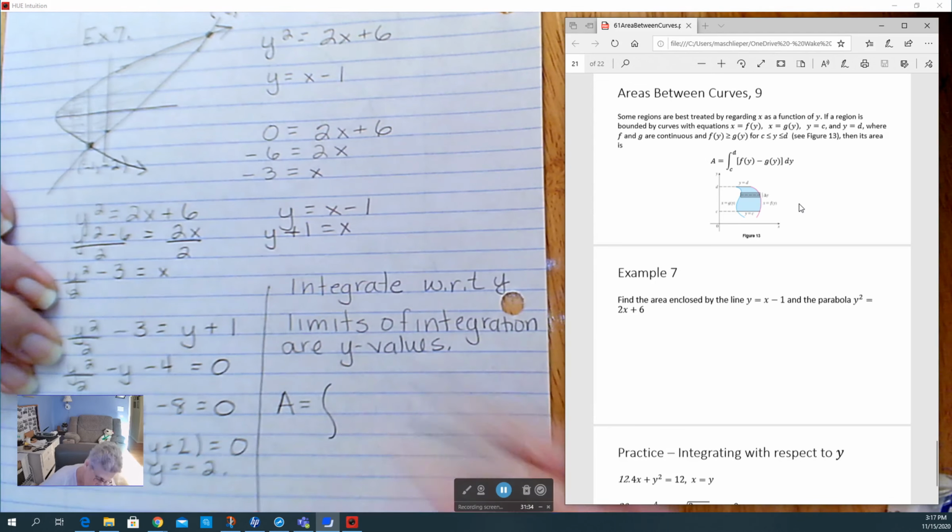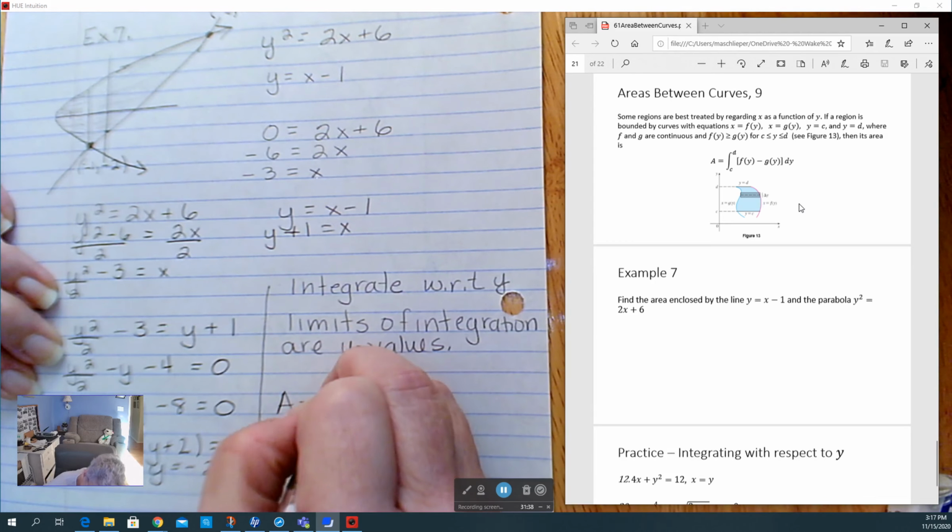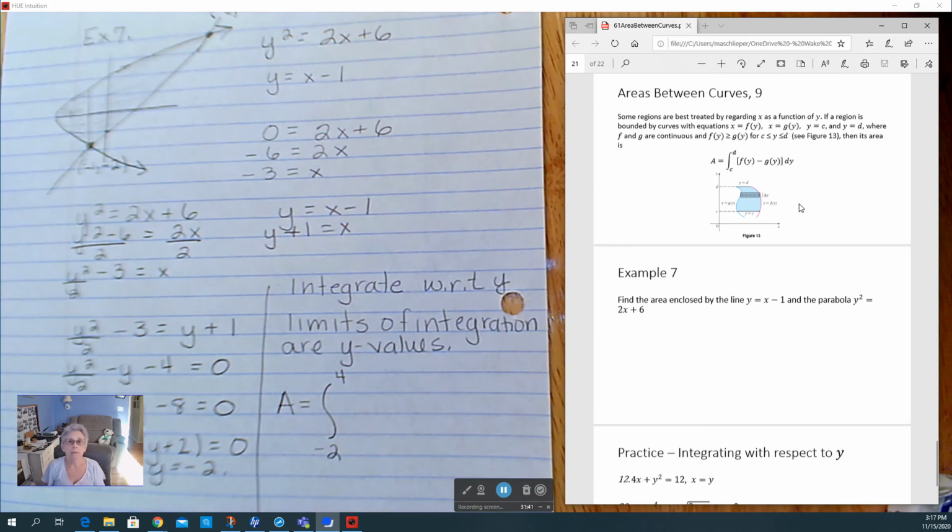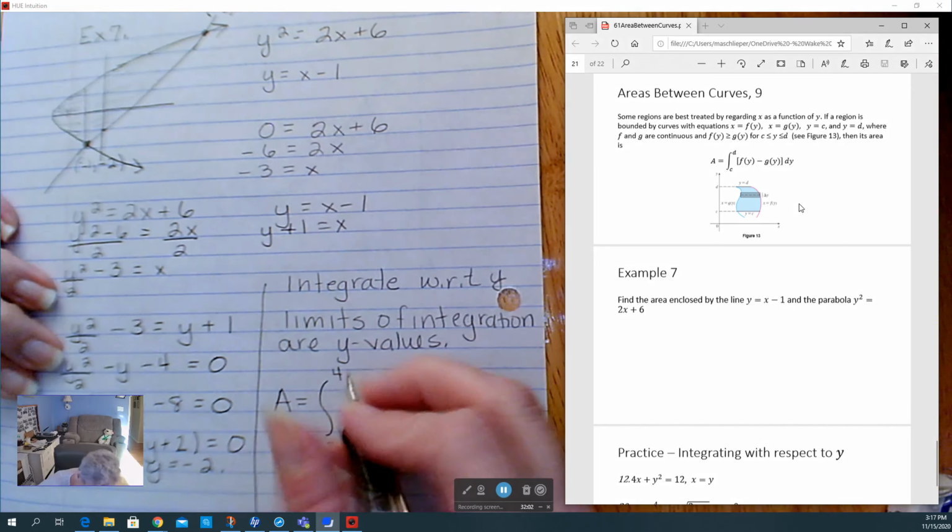So I have the integral from -2 to 4. Now, when we're integrating with respect to x, it's top minus bottom, because positive is top and negative is bottom. When we are integrating with respect to y, it's right minus left, because more positive stuff is to the right and more negative stuff is to the left.